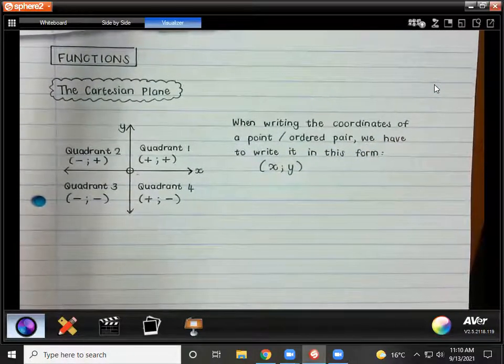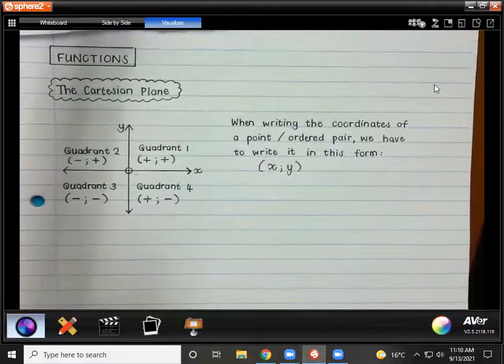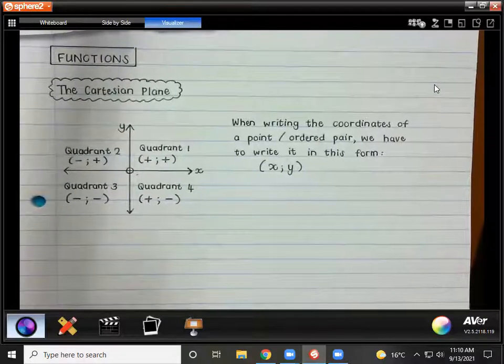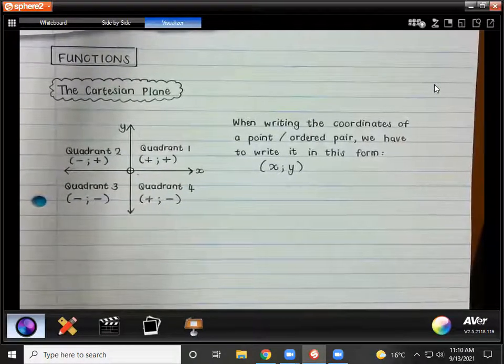Okay, like that. So you always have a bracket, then you write the x value or the x coordinate. You use a semicolon, we write the y value or the y coordinate, and then we close that bracket.